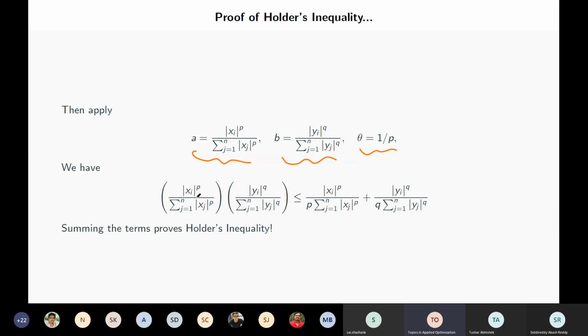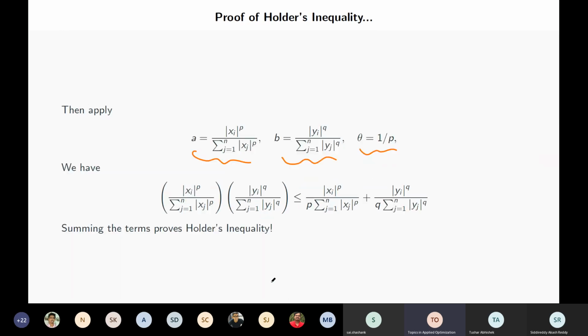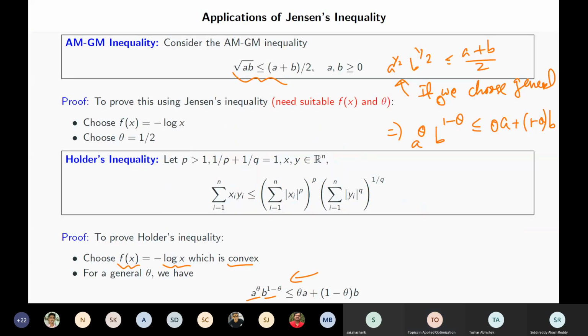So if we put this in, a to the theta and b to the 1 minus theta, so 1 by p, and then a to the theta and b to the 1 minus theta.